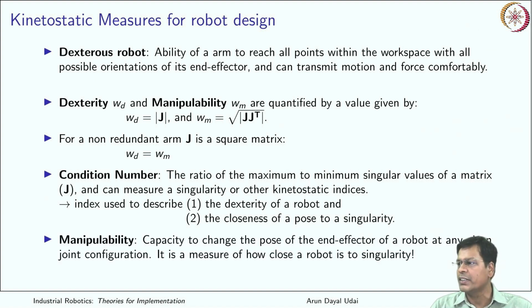Manipulability is the capacity to change the pose of the end effector of any robot at any given joint configuration. It is a measure of how close a robot is to singularity again. So that is what dexterity, manipulability, and condition number are. So you now know these things very closely.